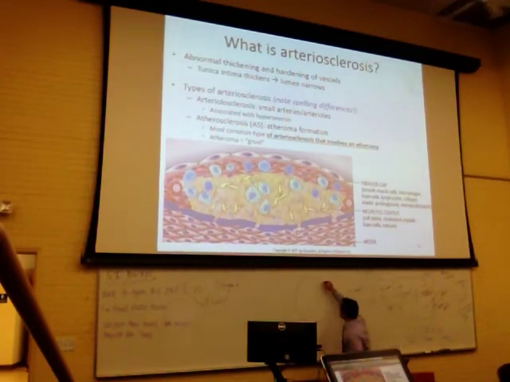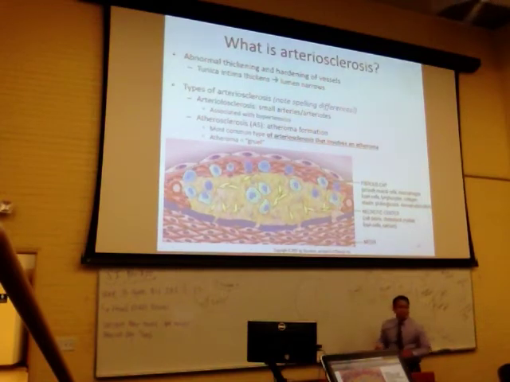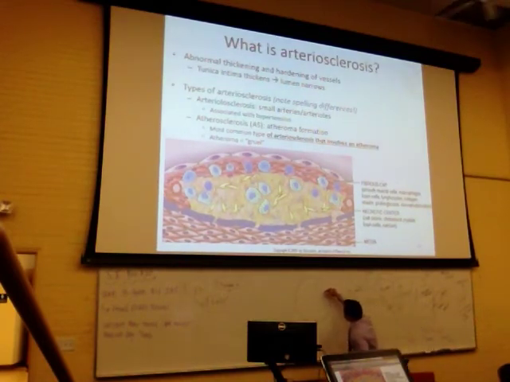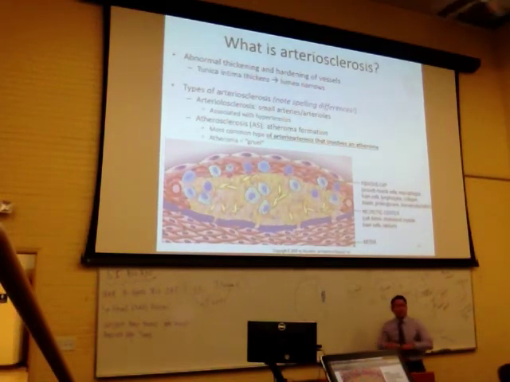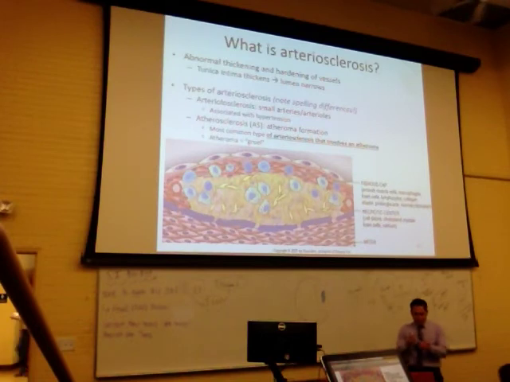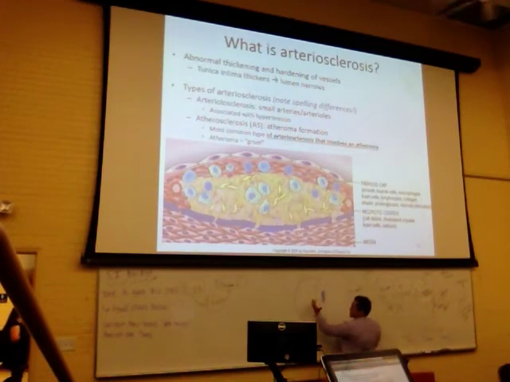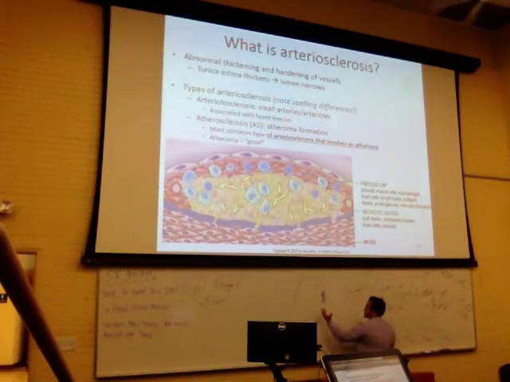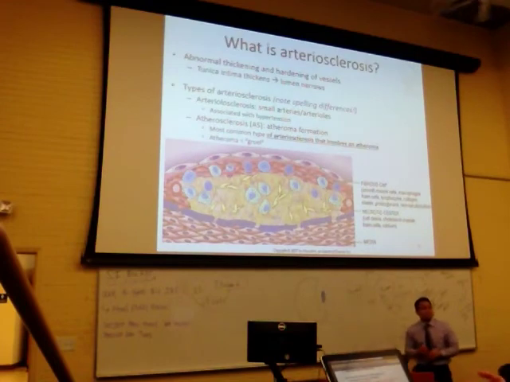You'll see all of this area in here that's debris. And you'll probably see a zone right in the middle that's actually dead tissue, a necrotic center. The bulging, yeah, but it bulges this way, in. It doesn't bulge out, that would be an aneurysm. Okay?